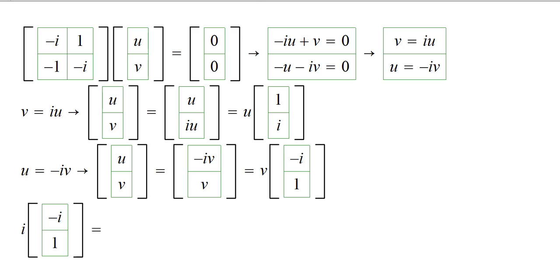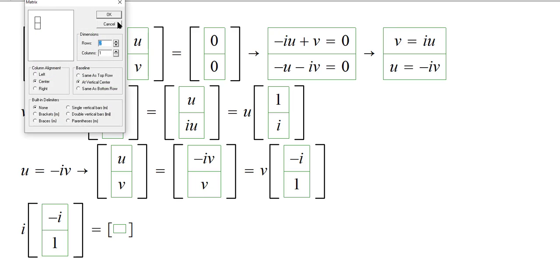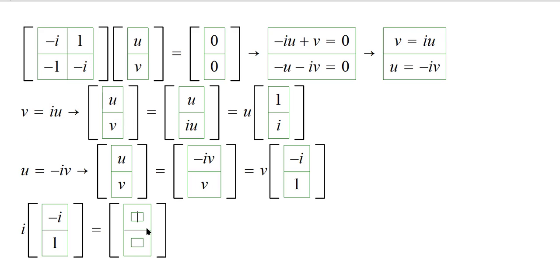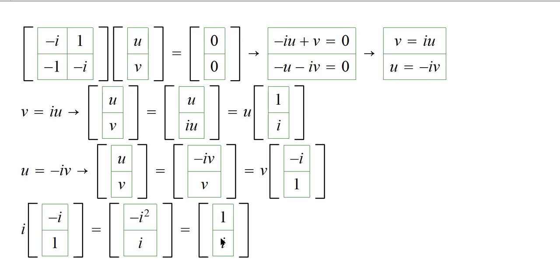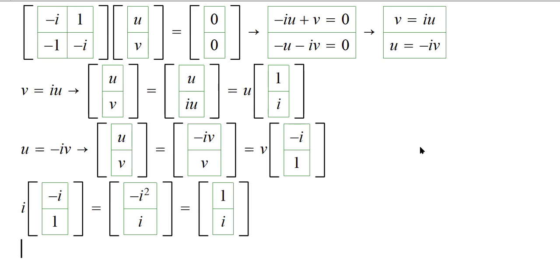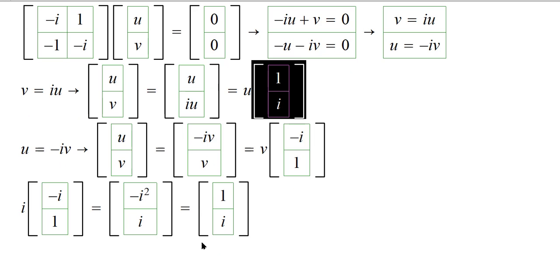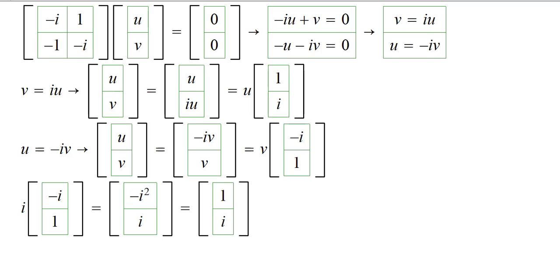You get negative i squared on the top and i on the bottom. Negative i squared is 1. So what do you get? You get (1, i) again. So we are getting a complex multiple of the same eigenvector.